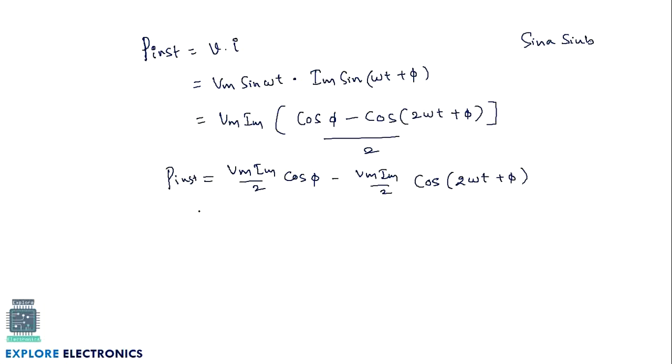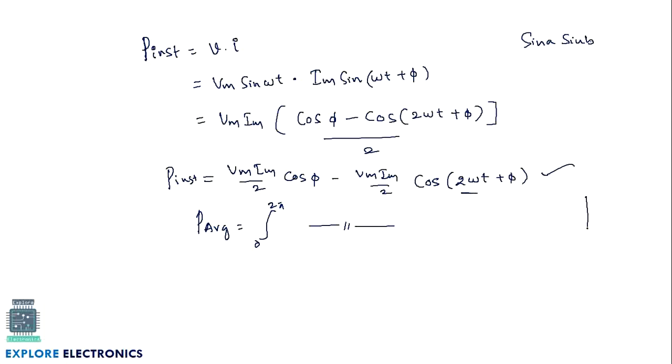If you want to calculate the average value, P average is represented as the integration from 0 to 2 pi of the whole expression. In the first term you can observe Vm Im divided by 2 into cos phi. Here we have minus Vm Im divided by 2 cos of (2 omega t plus phi), so twice the frequency is there.